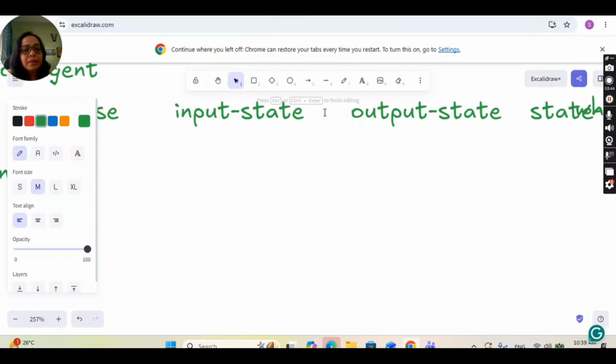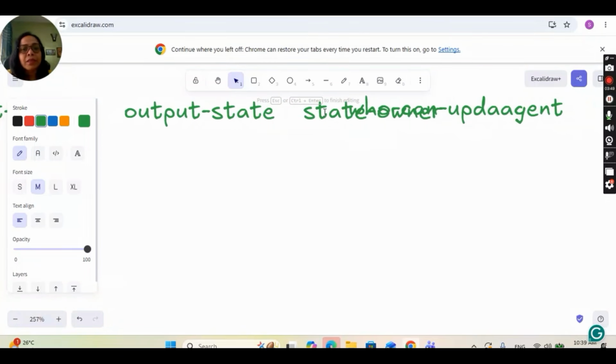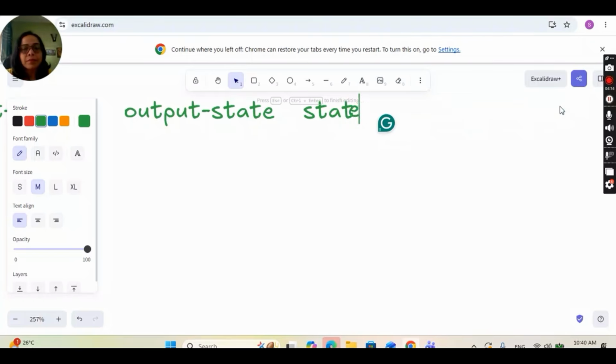And the next is the state owner. Who is the state owner?